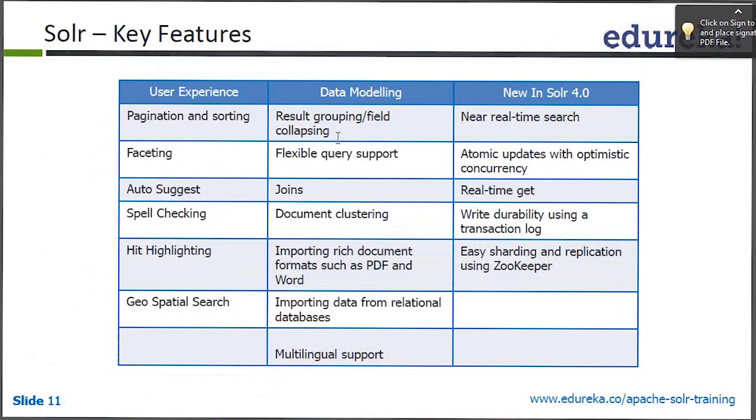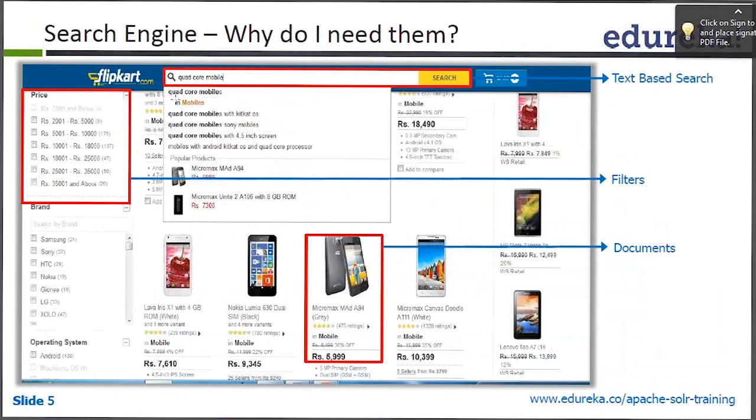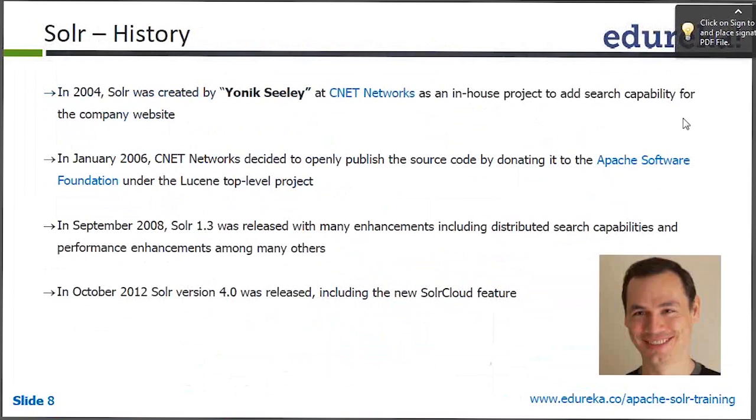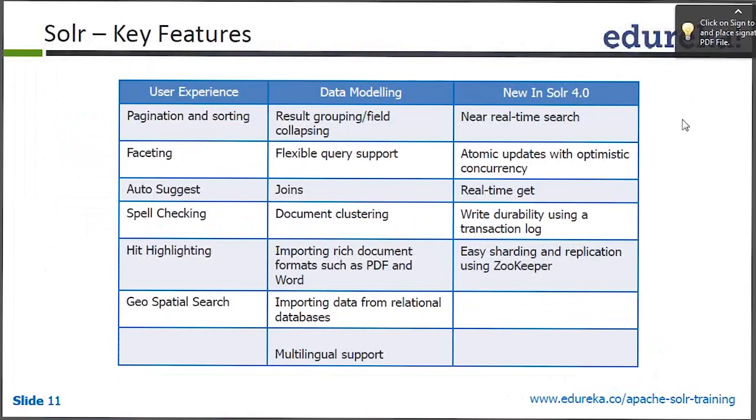The auto suggestion is nothing but the drop down. This is what we refer to when I say autocomplete. So when I type quad core mobile, I get a list of recommendations, exactly, is this what you are looking for, based on some of the common documents which people are searching.